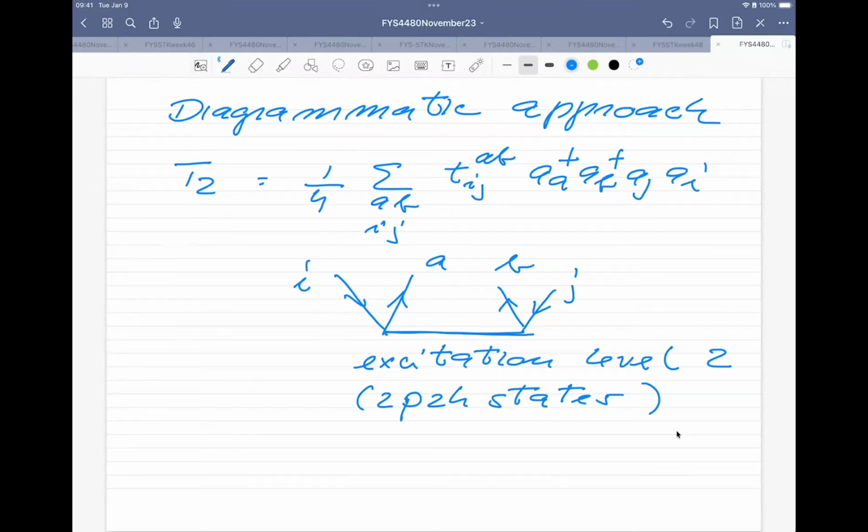So I create two 1-particle, 1-hole excitations. So it's a 2-particle, 2-hole excitation, and label this as excitation level 2. So I am actually bringing my system from the ground state, for instance, to an excited state. So this is actually what this operator is doing. So it creates an excited state. So that's a T2.